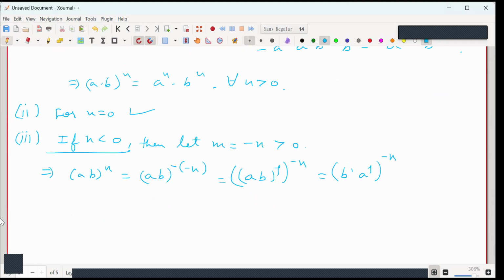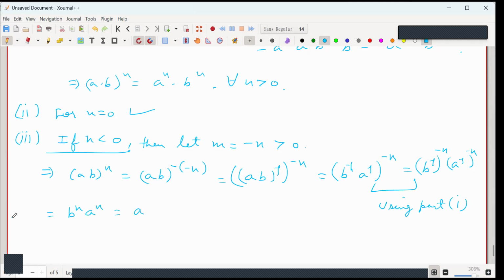Minus n is positive, so we can use the first part where we have established this relation when the power is positive. This will be (B^(-1))^(-n) and (A^(-1))^(-n). For this part, we have used part 1, right? Now B^(-1) raised to minus n is just B^n, and A^n.